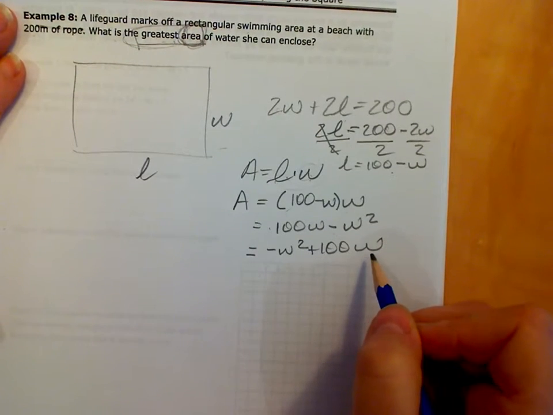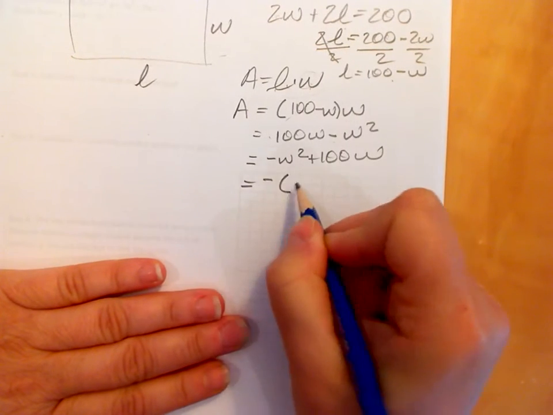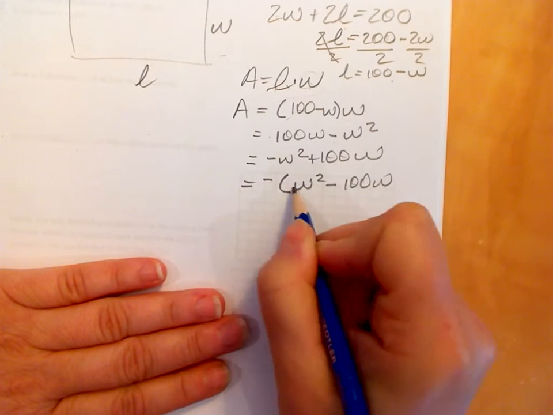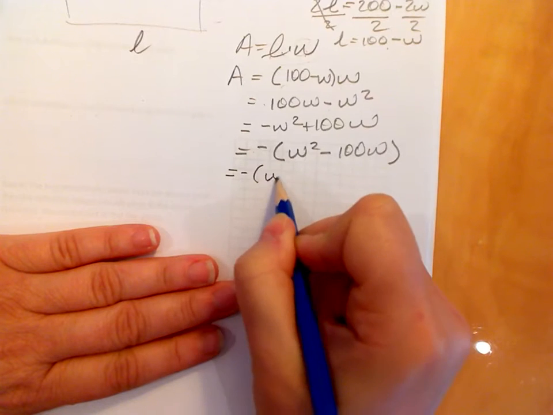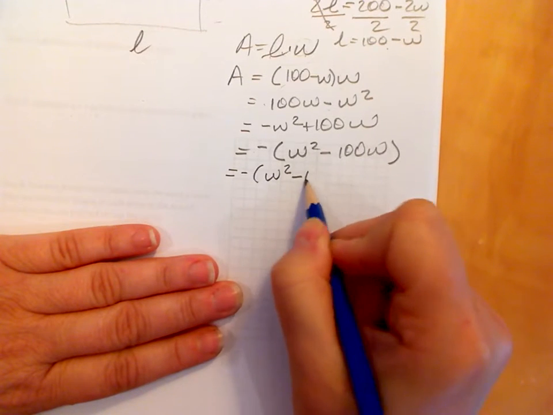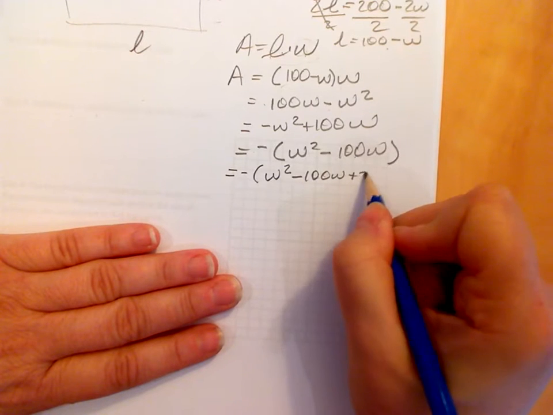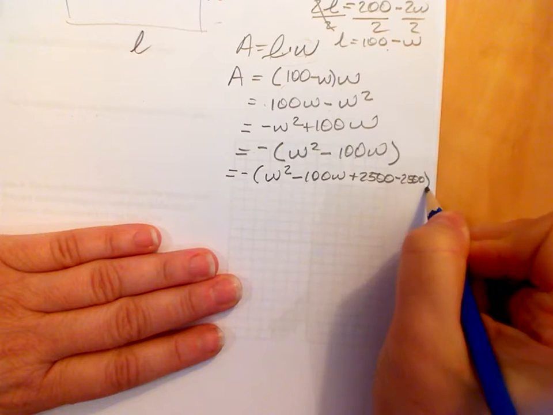Okay, so now I need to complete the square of this. So I'm going to common factor out my negative. So I have W squared minus 100W because I need to have bracket W. And then I'm going to half and square. So half of that is 50, and 50 squared is 2,500. Add and subtract 2,500.